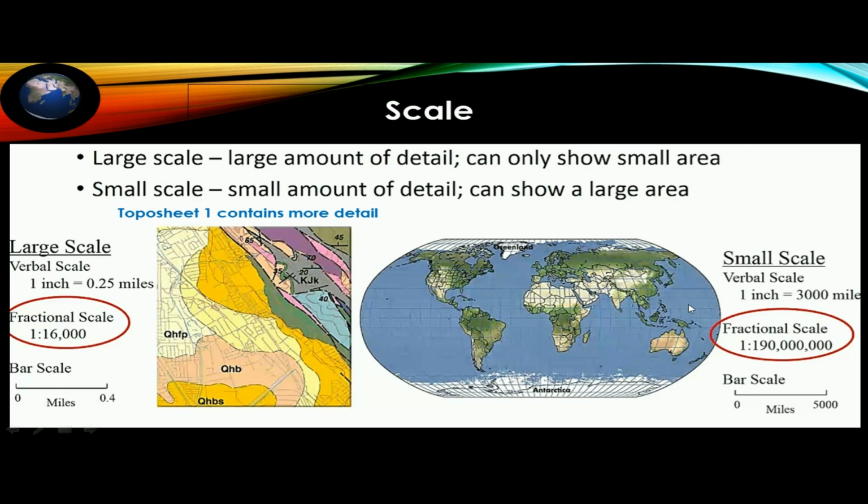And if you have a smaller scale, if you take the ratio of the proportion 1 is to 1 lakh, that is 10 to the power 5, the scale is like this. So it is a smaller scale. It covers a very good amount of area, but the details are not good enough to make any inference from it.